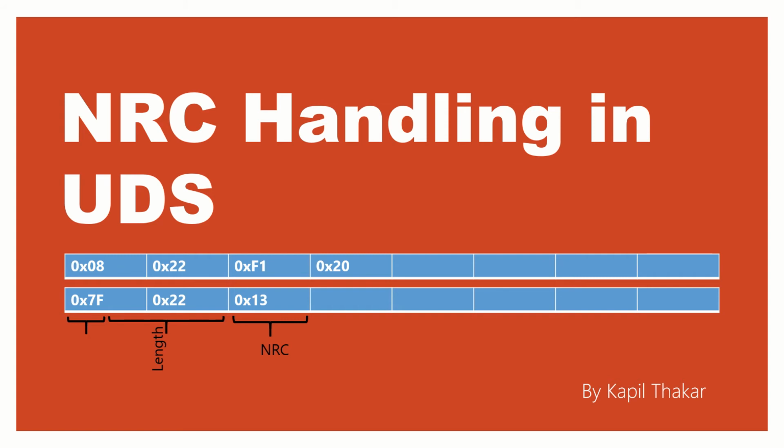So as the title says, there will be a request. I think in my previous video you have already seen the request and response format. Here you can see the PCI byte, the protocol interface byte, where we are sending the length as 8, then the service ID, and then the DID, the data identifier.